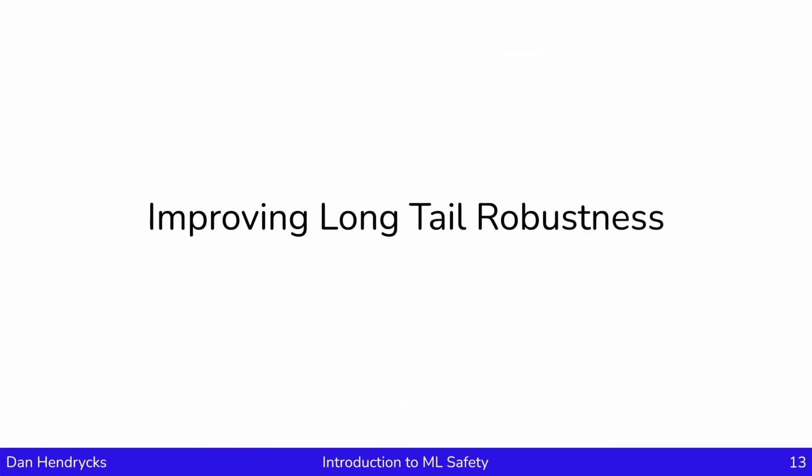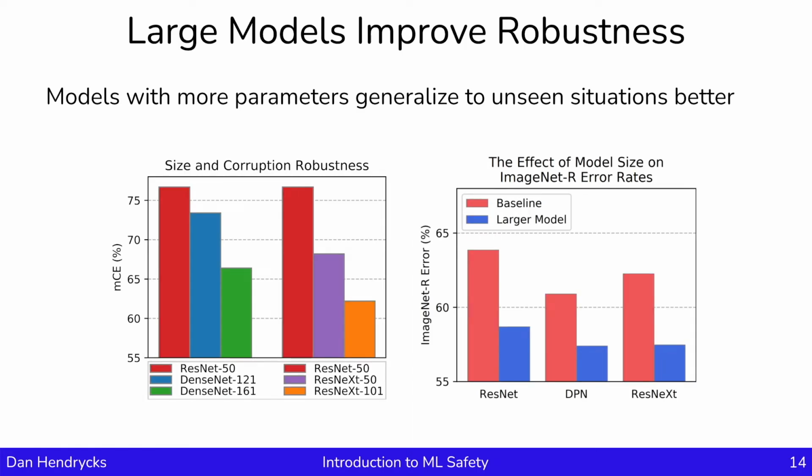Now let's look at ways to improve long-tail robustness. It's the case that models with more parameters exhibit more robustness. On the left, we can see performance on ImageNet-C. MCE means mean corruption error, which is basically the ImageNet-C error, so lower is better. As the models get larger, we can see that the robustness increases.